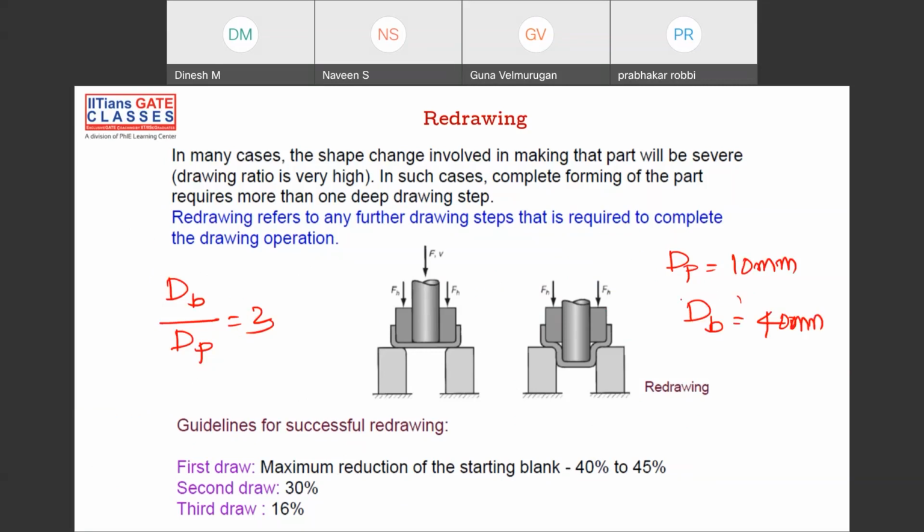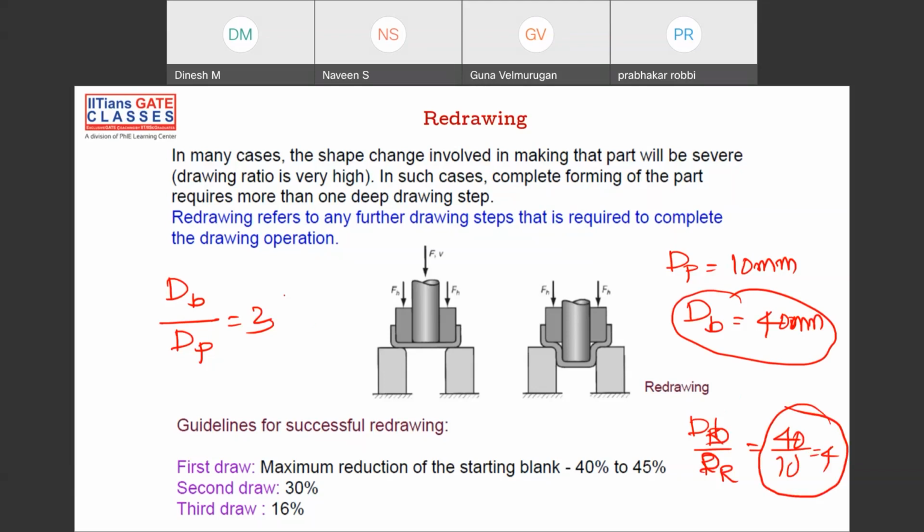What is the drawing ratio? dB by dP is 40 by 10, which is 4. So obviously this kind of thing is not allowed. The maximum value is 2, right?